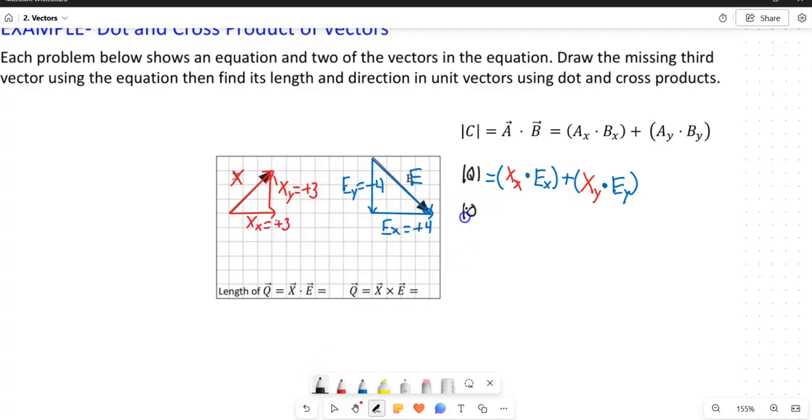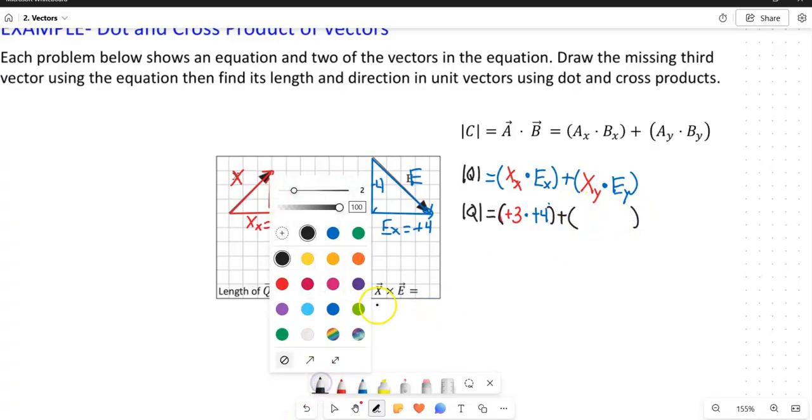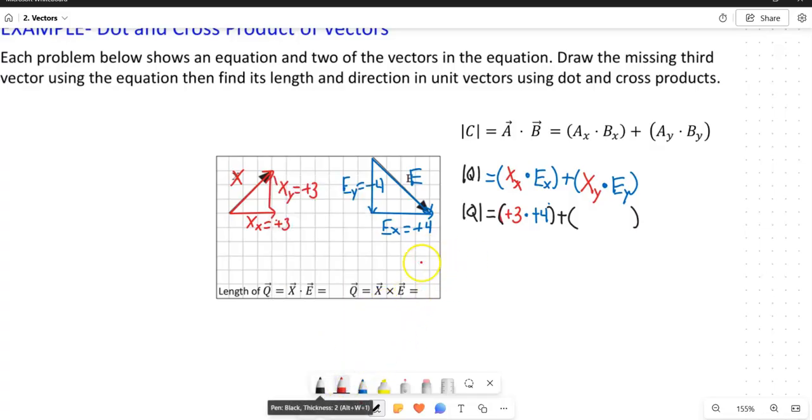So to find Q, the length of Q, using dot products, that is going to be the x component, which is going to be positive 3, and we're going to multiply that by the e vector component, which is positive 4, and the signs are important. And we're going to add that to the y direction components of x, which is positive 3.